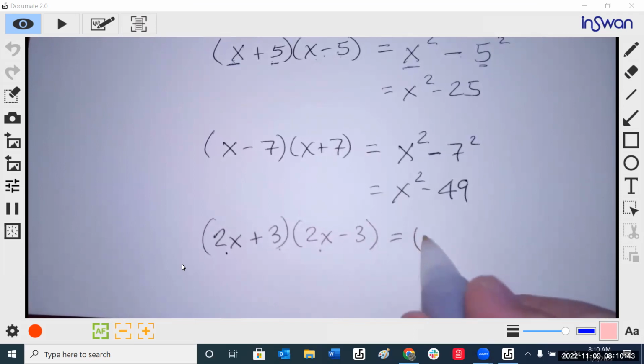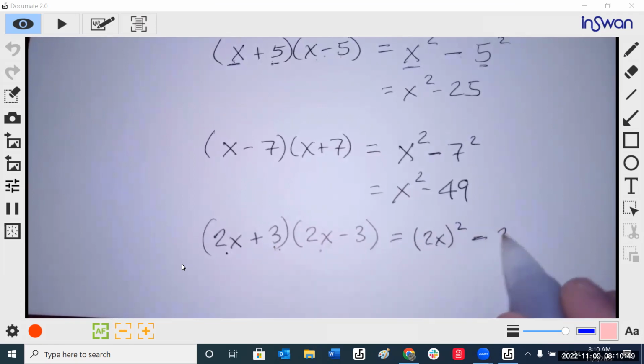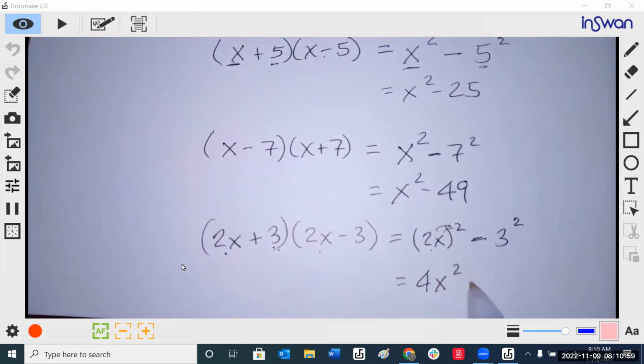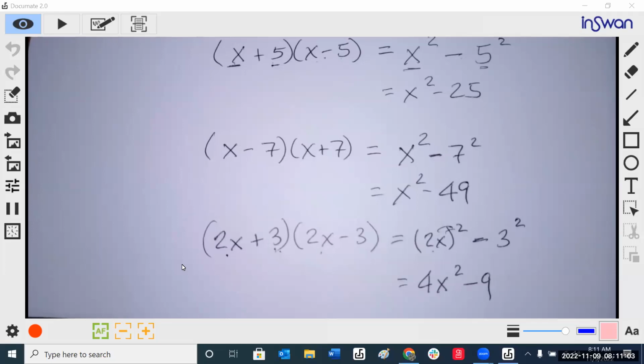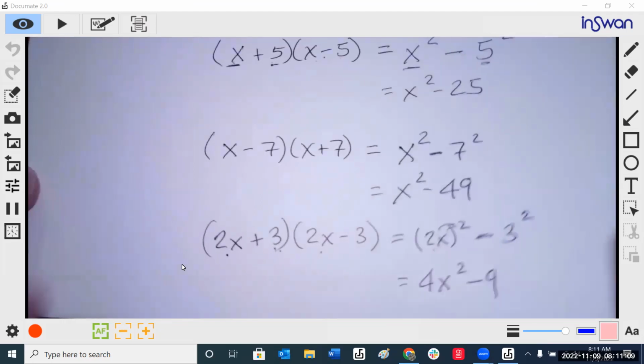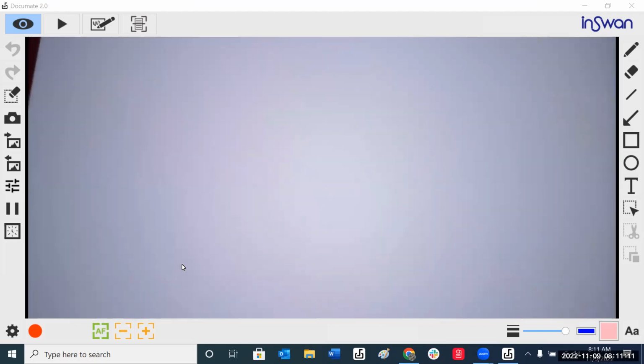So it's the first number squared minus the second number squared. 2x squared, that distributes. So 2 squared is 4, x squared, 3 squared is 9. So you notice there's a pattern. Let me do another one with more letters.